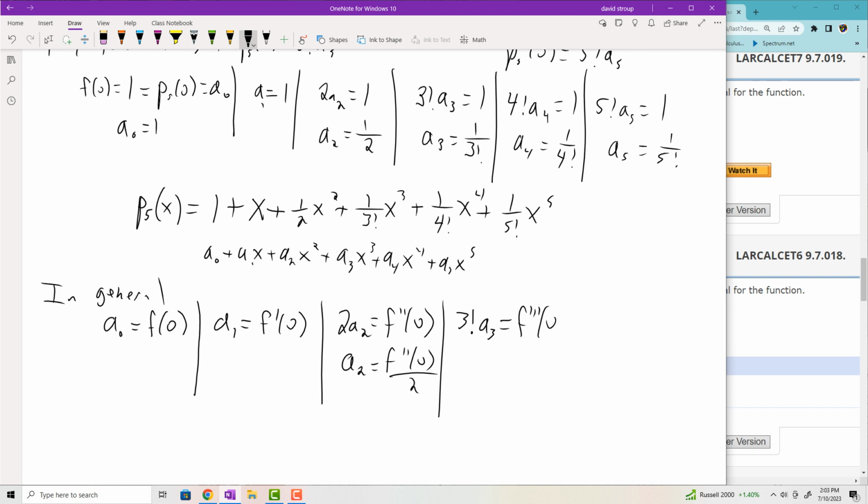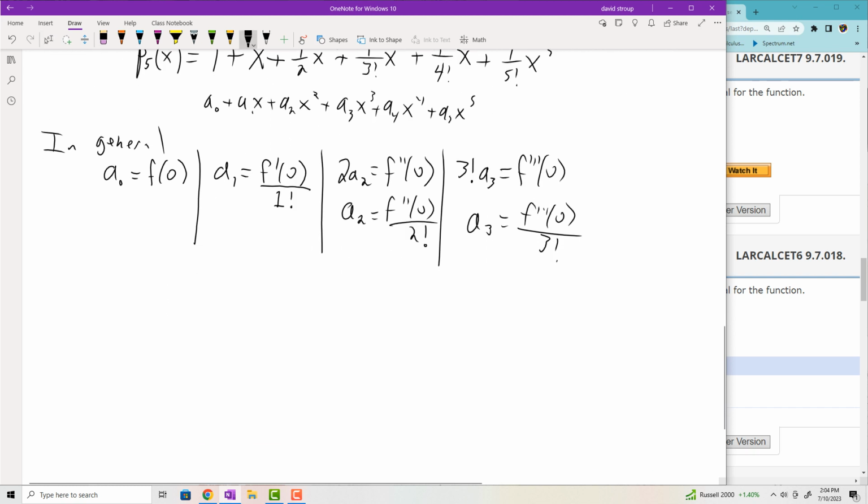So f triple prime of 0: a sub 3 will equal f triple prime of 0 all over 3 factorial. And honestly, you could think of 2 as 2 factorial, which is 2 times 1, so that's really just 2. So if you wanted to, you could write a sub 2 with a factorial right here. And then a sub 1 is f prime of 0 all over 1 factorial, if you wished. And a sub 0, you could think of as being over 0 factorial.